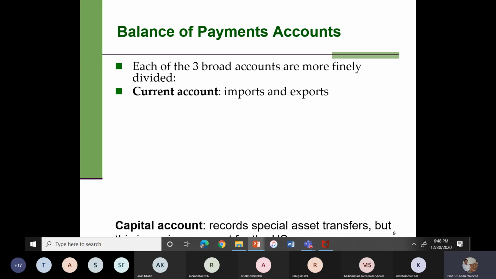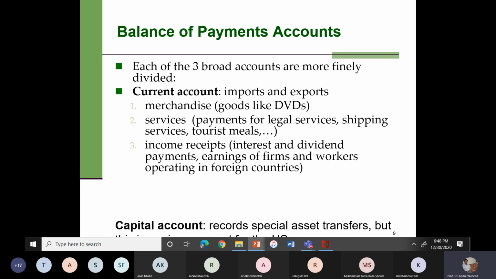We have current accounts where we record the imports and exports of goods and services, and then income receipts. So merchandise trade is a part of the current account. Okay, and the services trade, for payments of legal services and shipping services and all these. Then income receipts: interest and dividend payments and earnings of firms, profit.